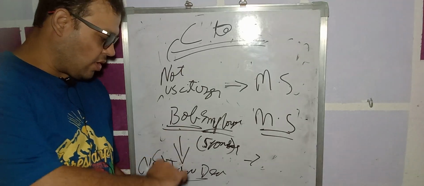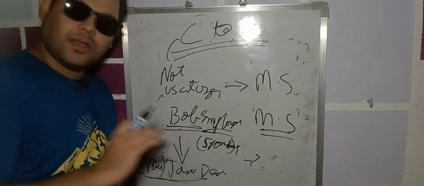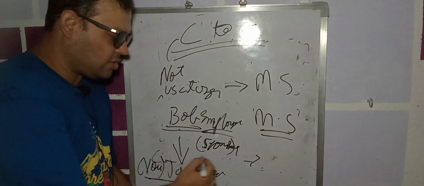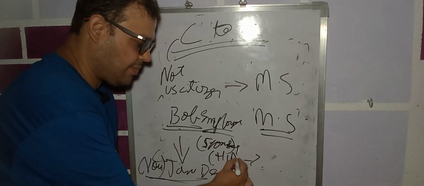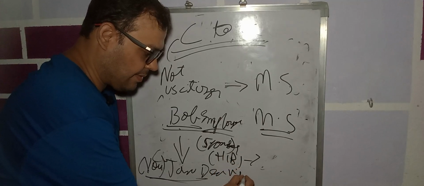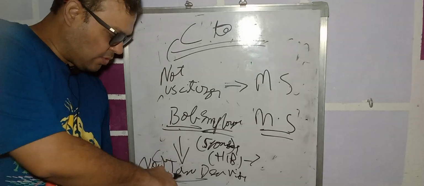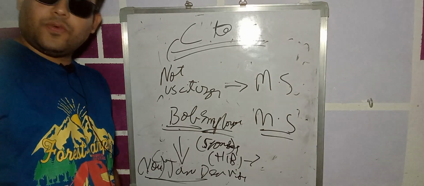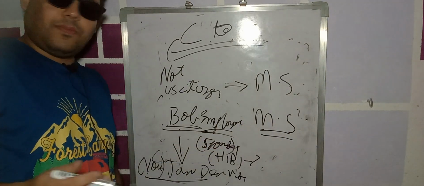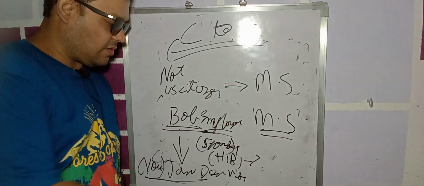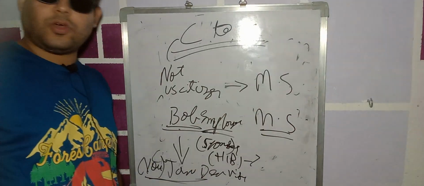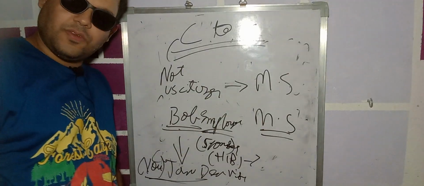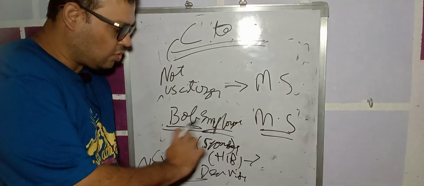Bob will sponsor your H1B visa. You will be providing your Java development, your software service, to Microsoft, but you are not working for Microsoft directly. You are working through Bob.